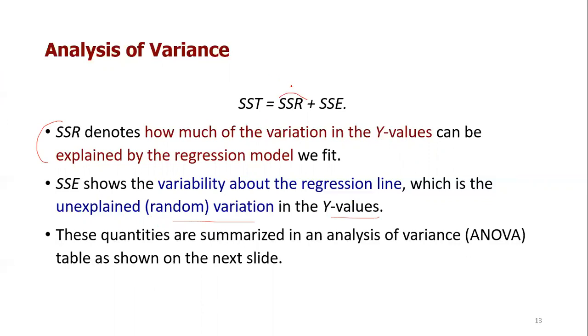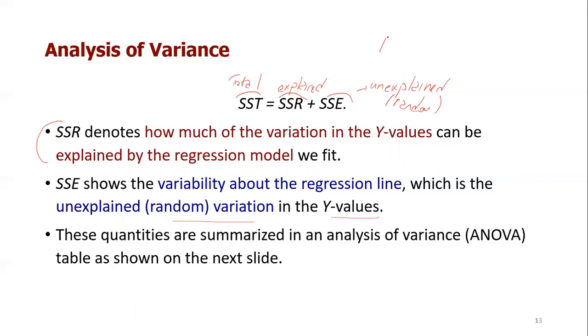SSR is the explained source of variation, explained by your model, of course, and this is the unexplained error, the random error. And this is the total error.